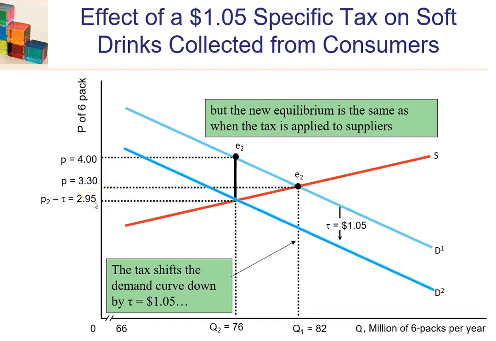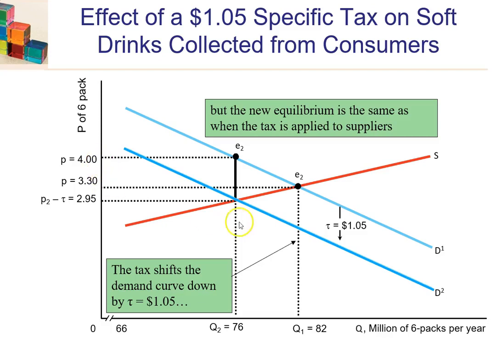However, they also must pay $1.05 to the government. So this 6-pack that cost $3.30 before now costs $4. $2.95 is spent with the retailer. $1.05 is forwarded on to the government for the total $4 purchase.